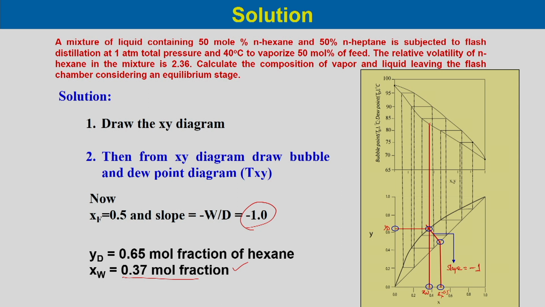From this intersection point between the bubble point curve and the vertical line, move horizontally to the temperature axis and you get the bubble point temperature T, which is about 83 degree centigrade.